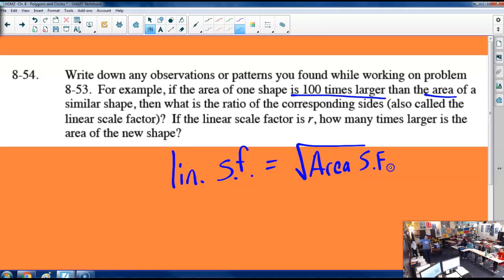You need to write that down to formalize it. Your linear scale factor is the square root of the area scale factor. Linear is another word for perimeter. Straight lines, or honestly could be curves, but we just have to know the linear relationship.